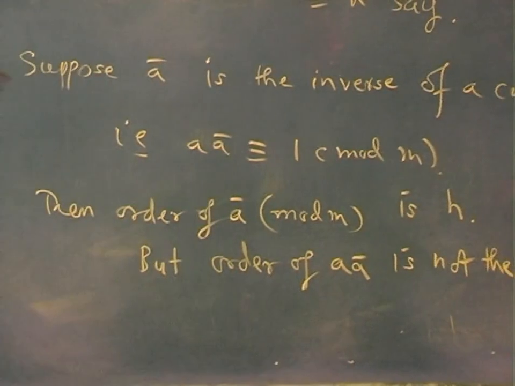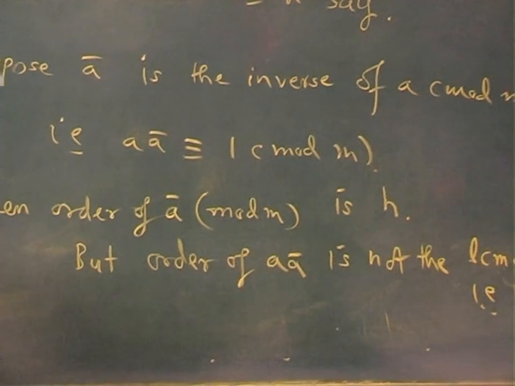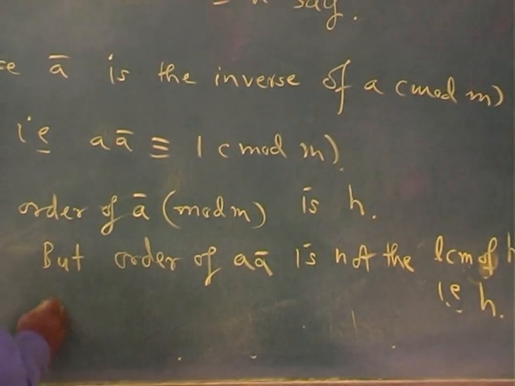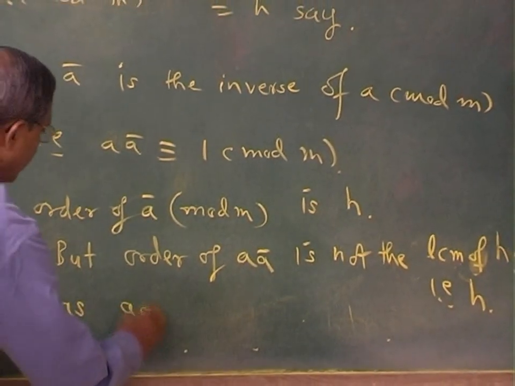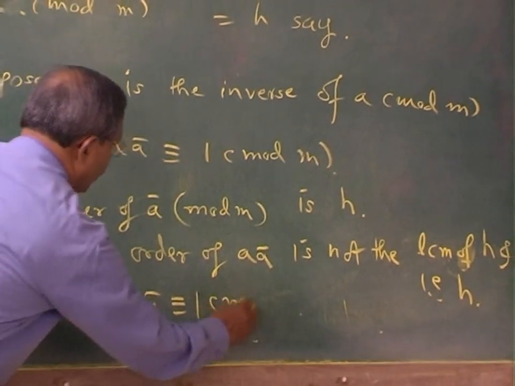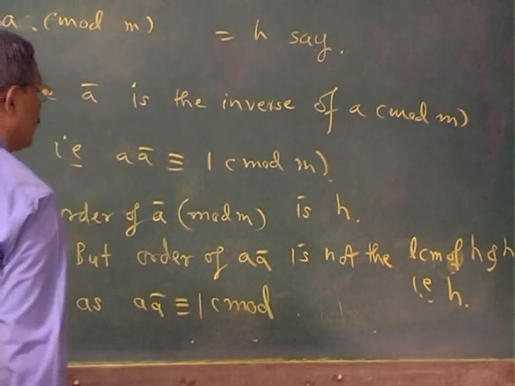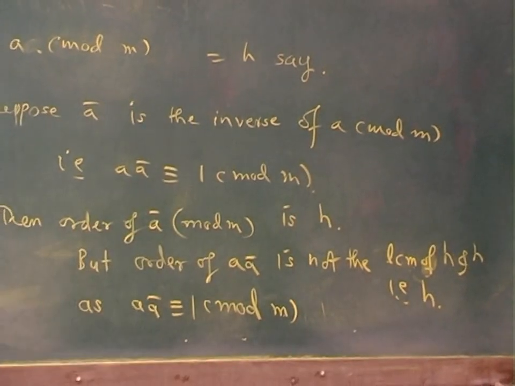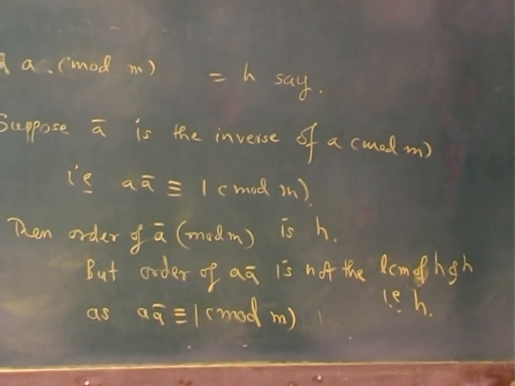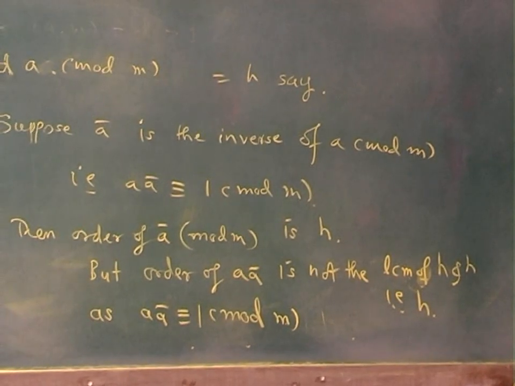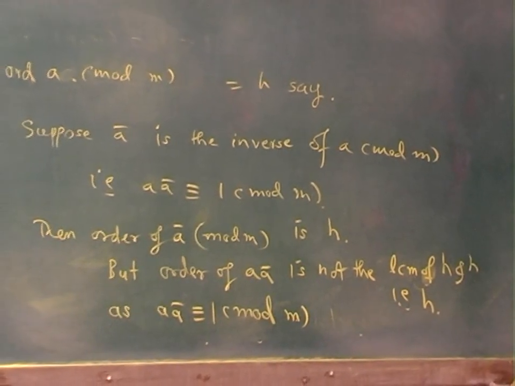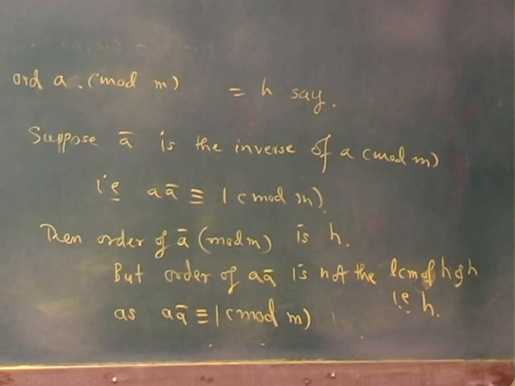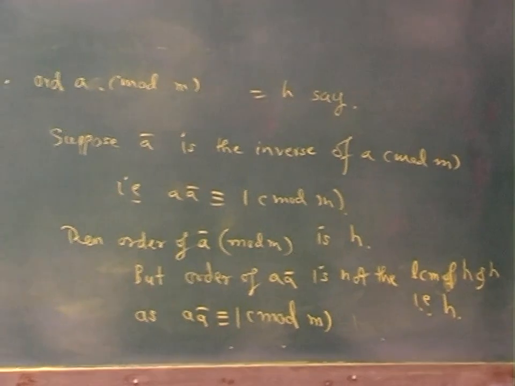It's not H, because it is just 1, as A bar is congruent to 1 mod M, and the order of 1 mod M is just 1.